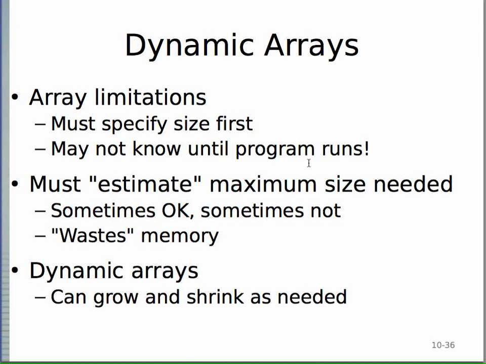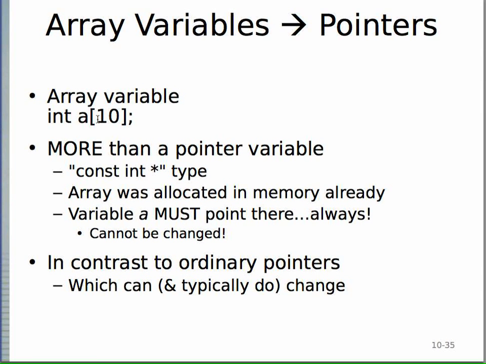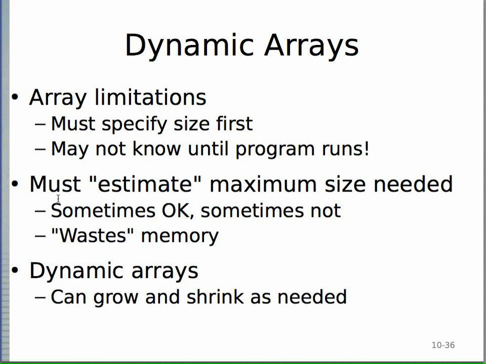In this previous example, you can say int a, I think I'll need maybe 1,000 elements at the most, so you can allocate an array of size 1,000, and then if you end up using only some of it, a lot of the array is wasted. So sometimes you have to estimate the maximum size. It's okay sometimes, sometimes not. It can waste memory.